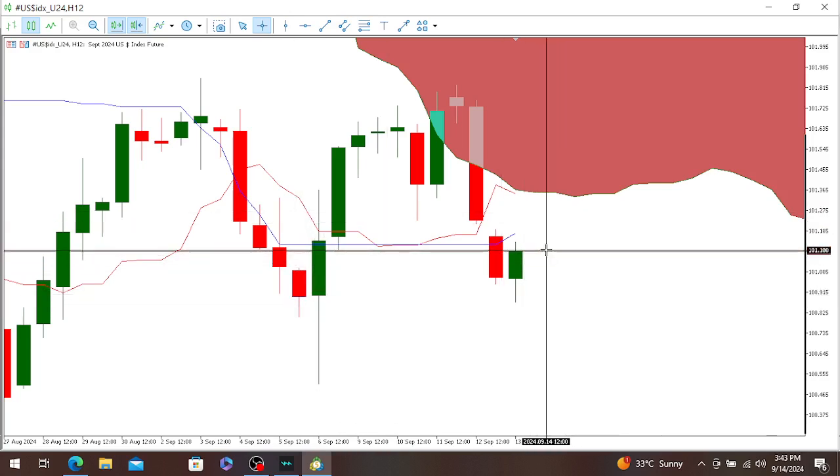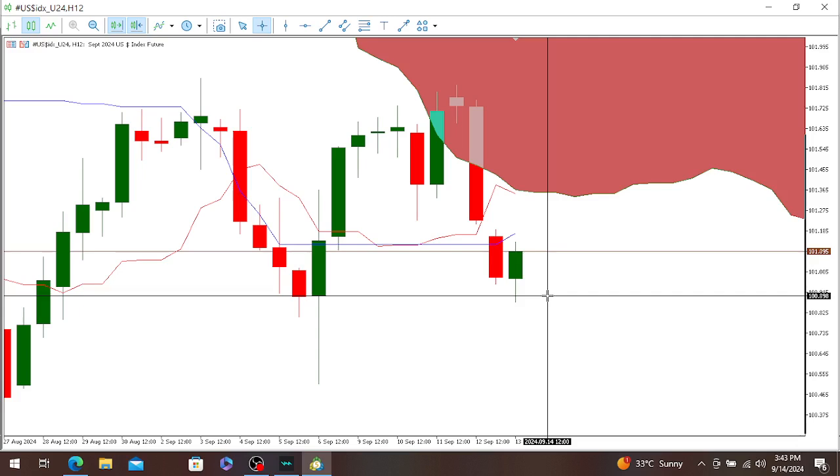It's more likely to reverse than it is to continue. So this is my bias on the dollar index. I'm bullish, which means on the Euro USD I'll be bearish, because the Euro USD is actually the inverse of the dollar index.